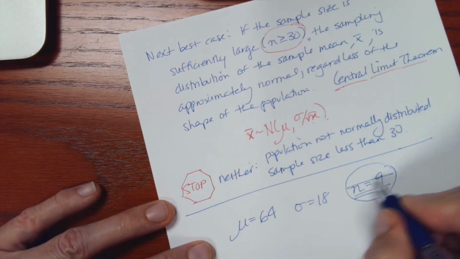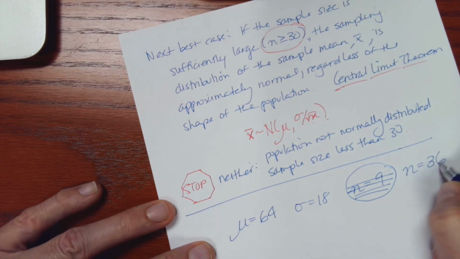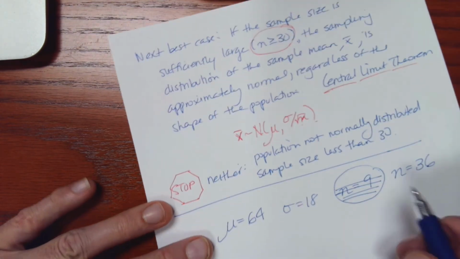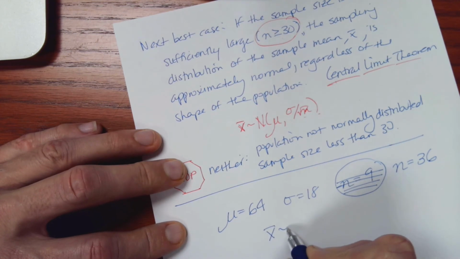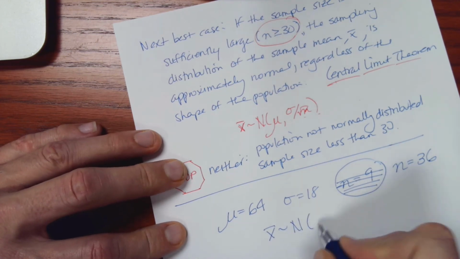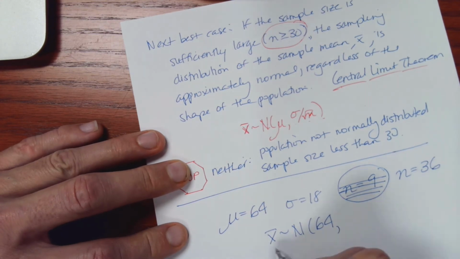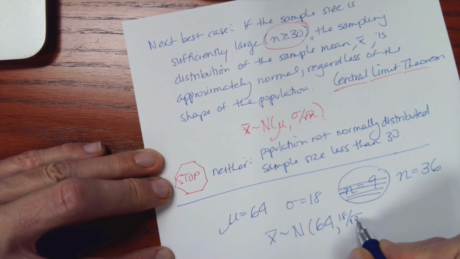So I'm going to up this and say, what if I take samples of size 36? Now I'm going to meet this threshold, and it's safe for me to work under the assumption that x bar is normally distributed with a mean of 64, same as in the population, but the standard error of the mean will be 18 over the square root of 36.